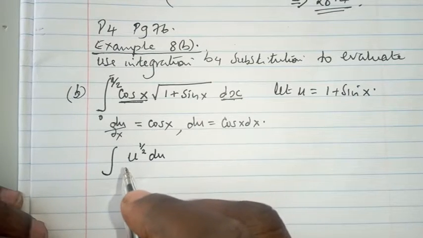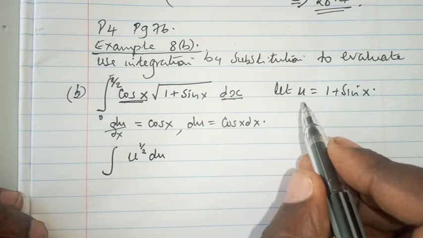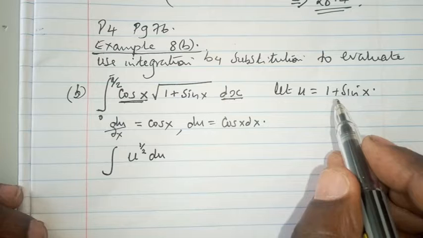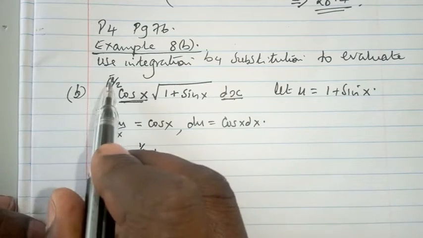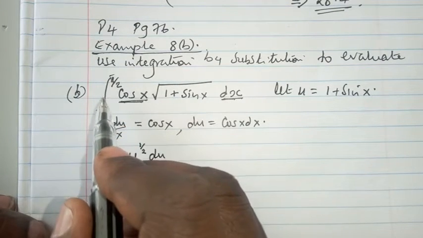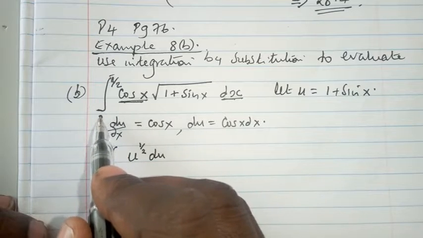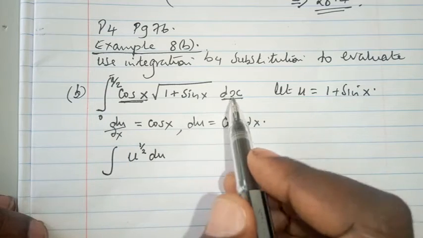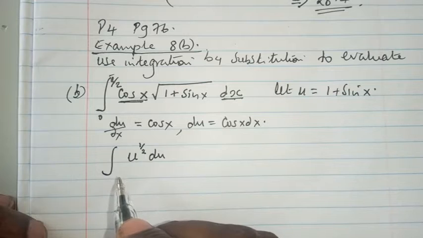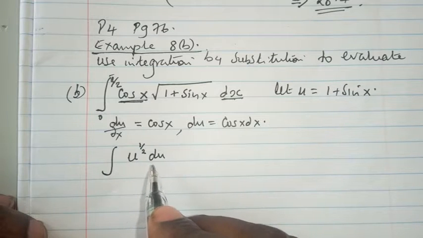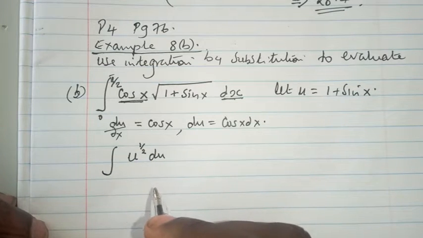We have been told that u equals 1 plus sine x, and the limits in the original question are the limits as far as x is concerned. Now that we are integrating with respect to u, we need new limits.